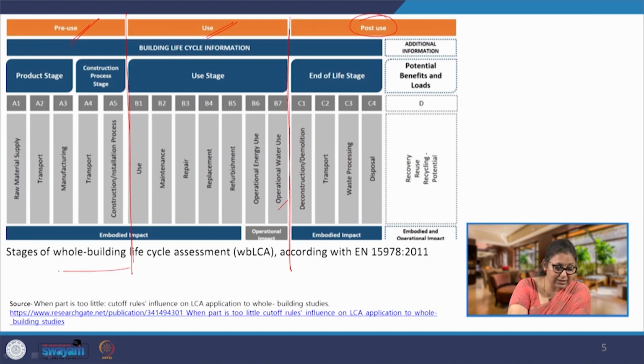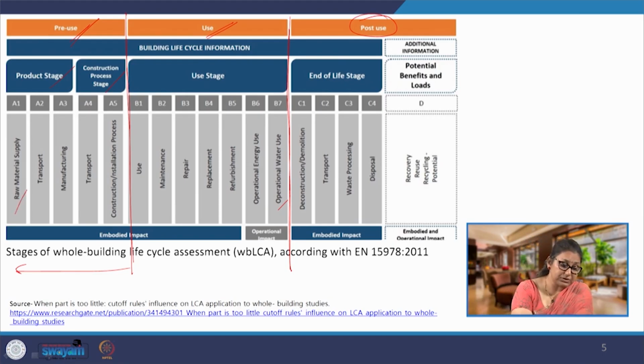Now, if we look at the upstream activities, which are leading to the building use stage, we are talking about the product manufacturing stage and the construction stage, which we have just seen, and the activities within them. There are many more activities. If we go on to detail out these project activities, there are going to be multiple smaller activities, sub activities, but here we are broadly looking at these.